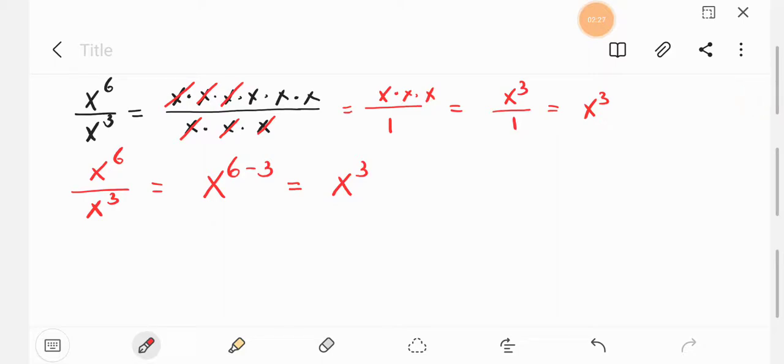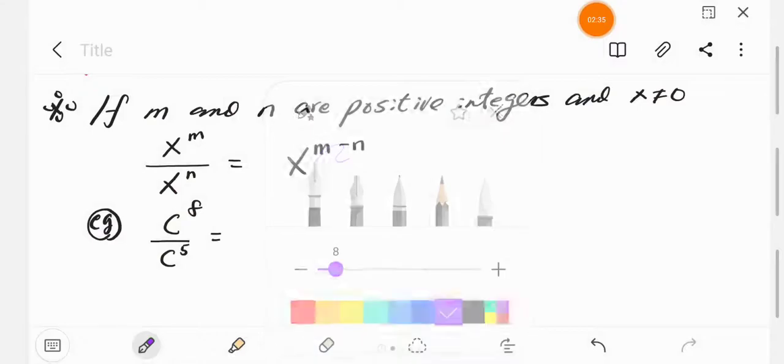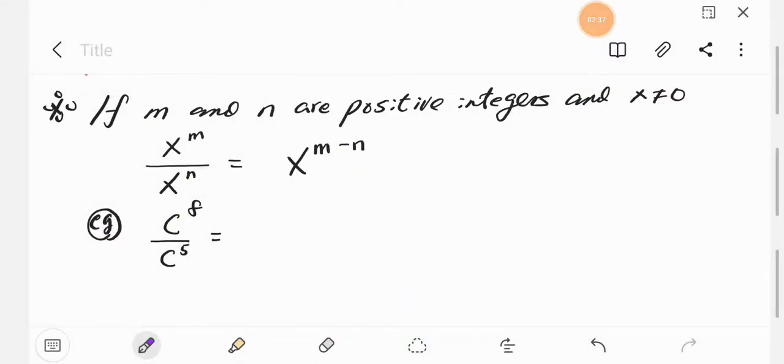Based on this, we can write a definition, a rule for dividing exponential expressions. Let's say m and n are exponents, the powers. Let's say positive integers, but actually it can be negative, doesn't matter. So m and n are numbers, and the base x is not equal to 0.